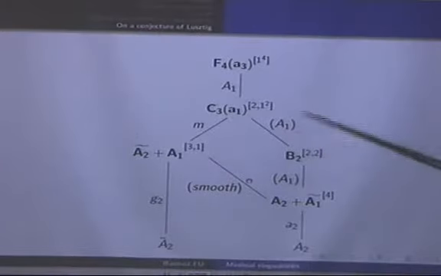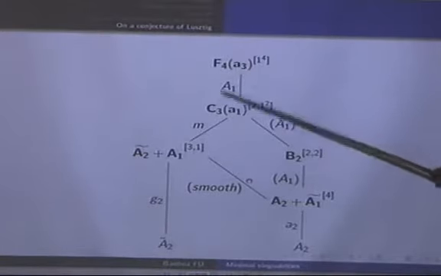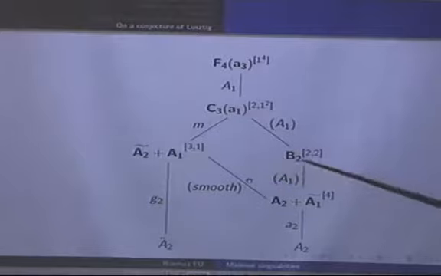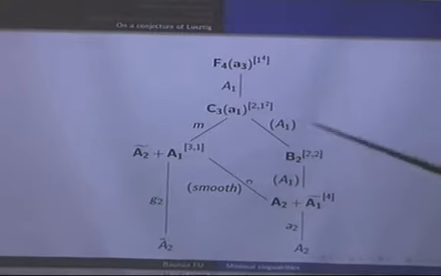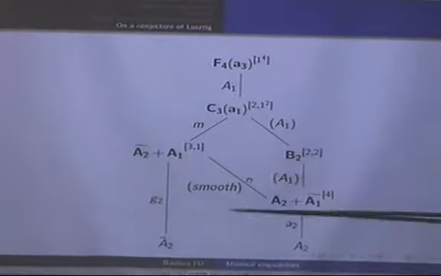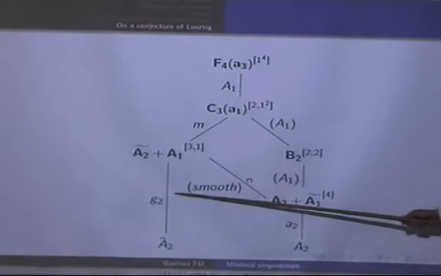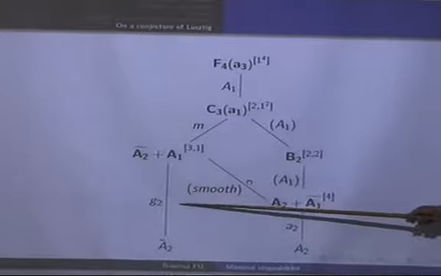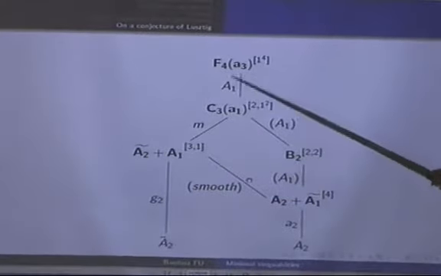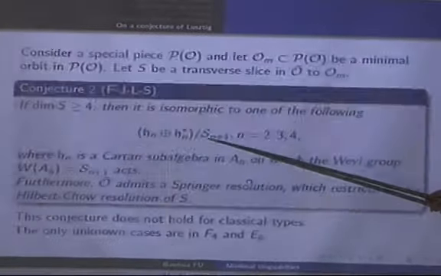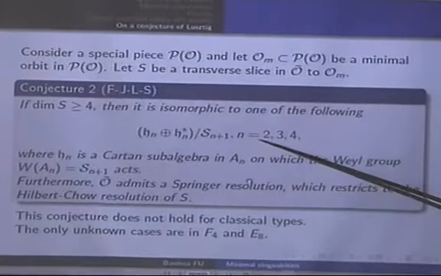This blank one means the orbits are in the special piece. So this is a special piece, and there are two. You can take a transverse slice from this one, then you get this one. This is just the G2, which corresponds to n equals 2.